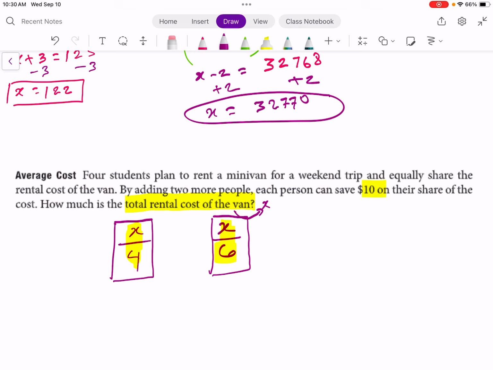Saving $10 means from the initial cost, this cost is reduced by $10, and this will be equal to our new cost.